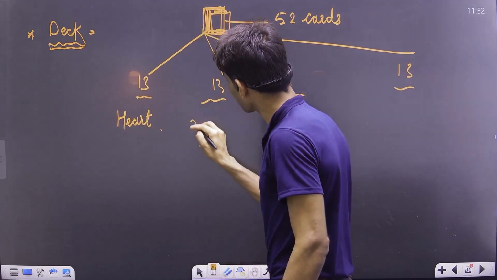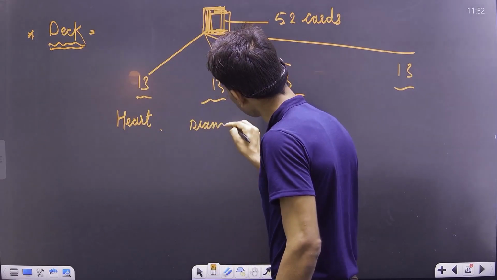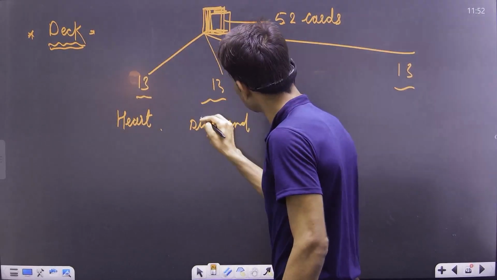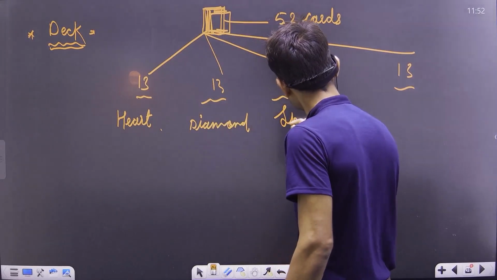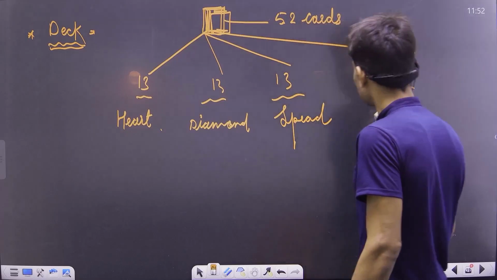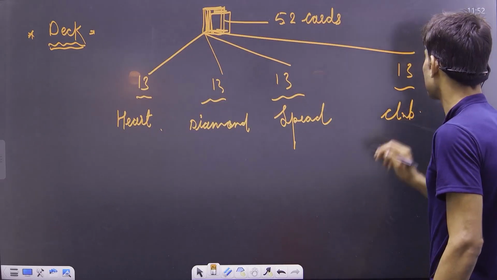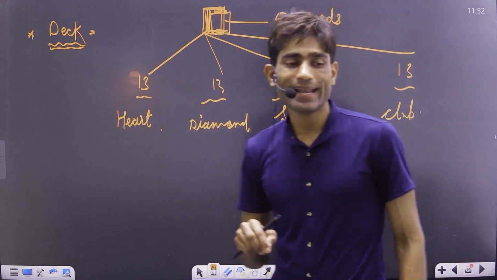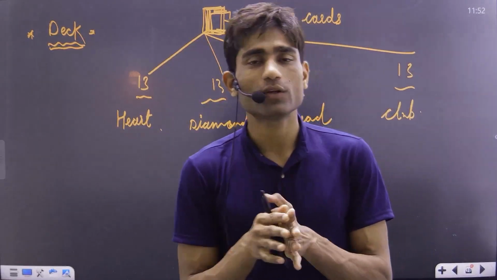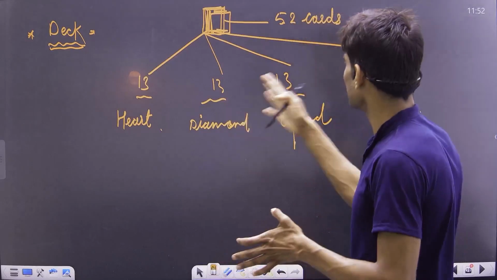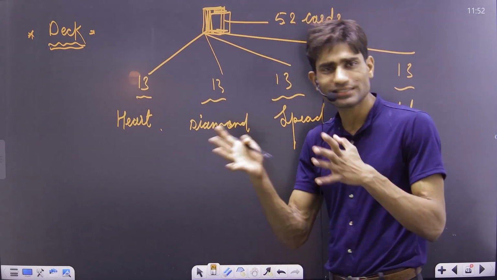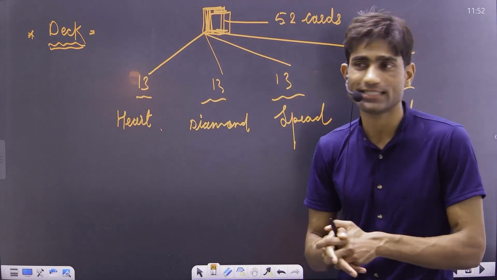Heart, diamond, spade and club are the symbols we can identify. These are the 4 different suits, and their colors are also different, which you can identify easily.